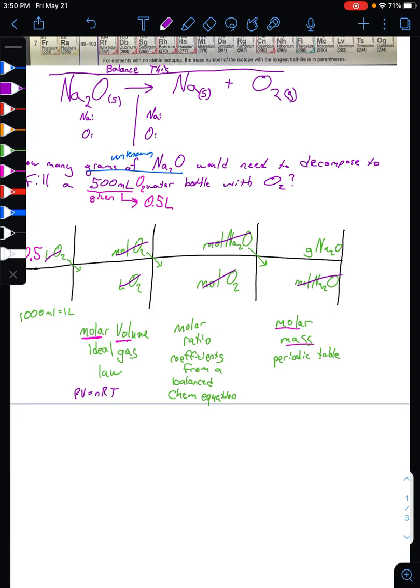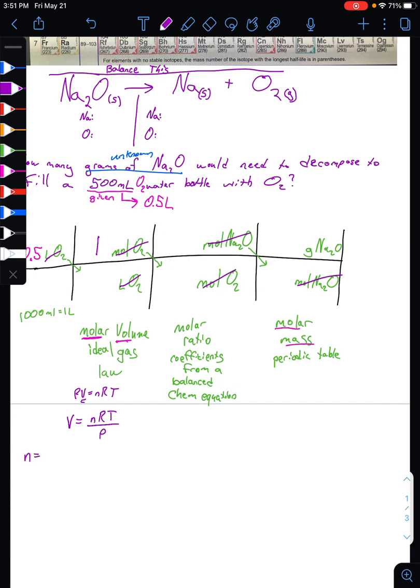I want to know how many liters, that's V for volume, are in 1 mole of oxygen. That way I can solve for only one thing inside this formula. Rearrange the formula, and you get V equals nRT over P.